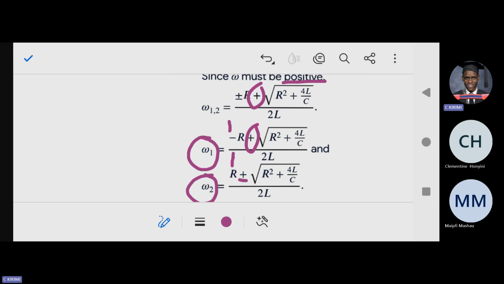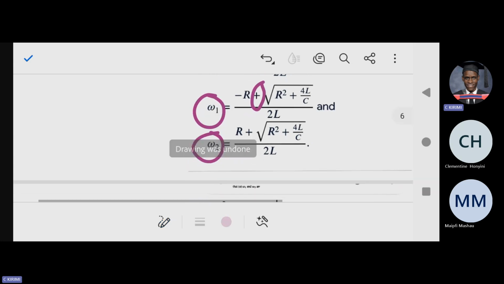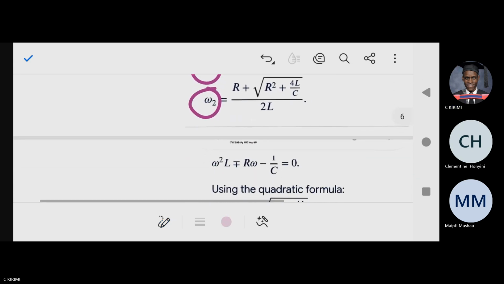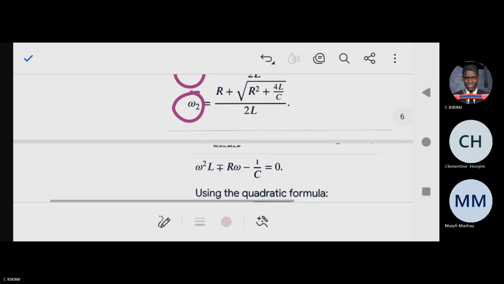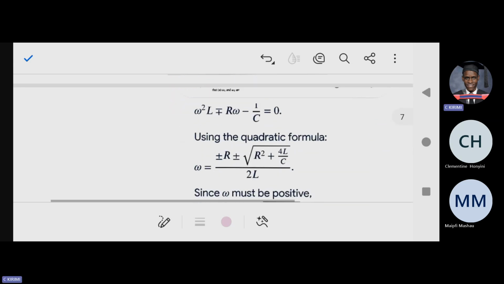But in this case, omega must be positive. That is the restriction. Unlike a general quadratic, where we can have a negative root and a positive root. But in finding the roots, we used the quadratic formula.